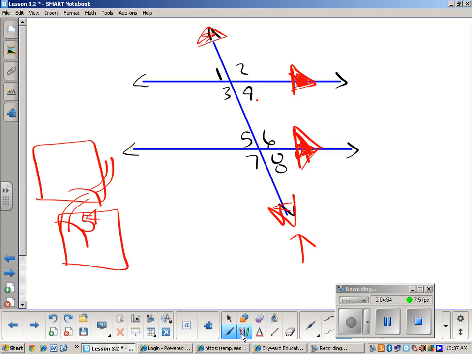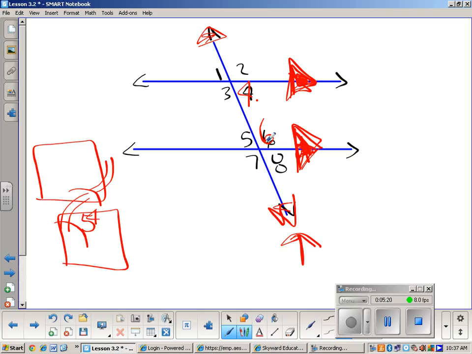Who can give me an example of same-side interior angles? Eli? 4 and 6. Here again, they're between the parallel lines and on the same side of the transversal. Can we say angle 4 and angle 6 are congruent?